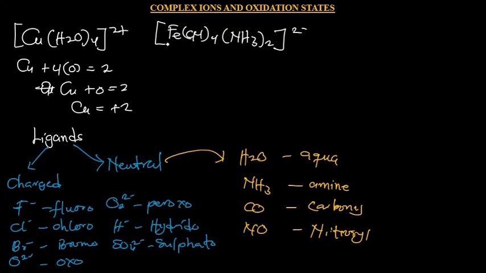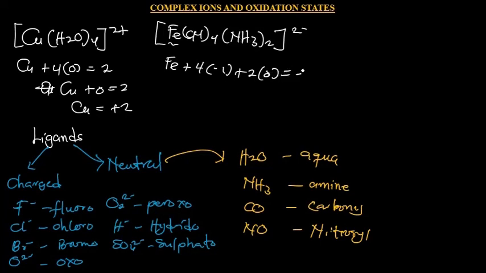The central atom here is iron, which is the cation, so you've been asked to determine the oxidation state of iron. We add all the charges: Fe plus CN minus, which is known as cyano and has a charge of minus 1, so 4 times minus 1, plus 2 times the ammonia, which is neutral, so 0.